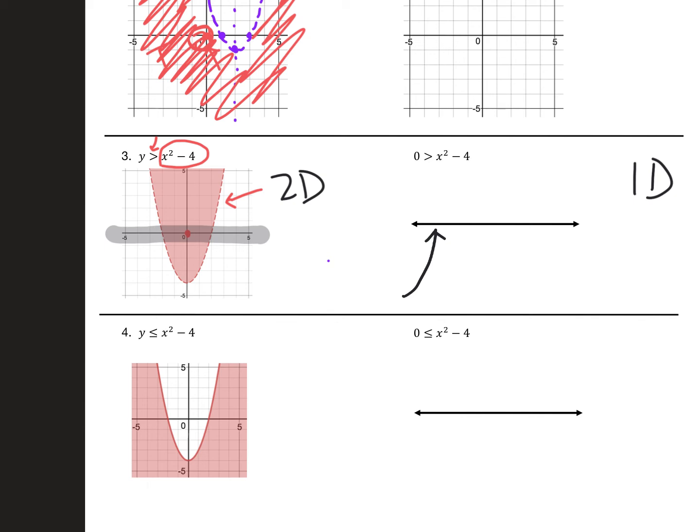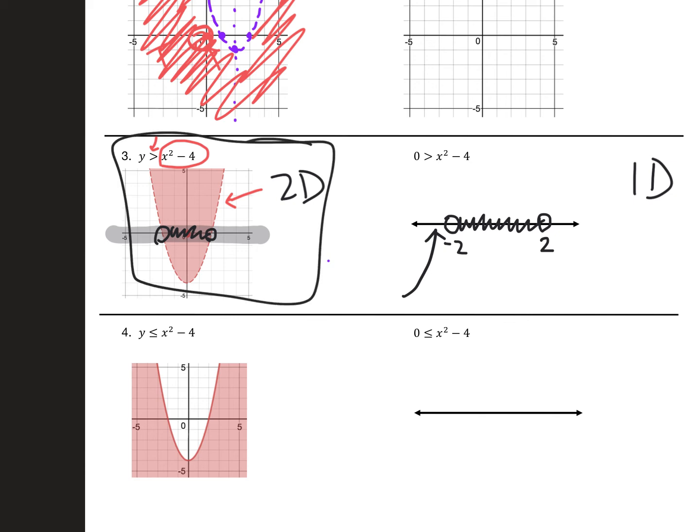Okay, so if you're just focusing all your attention on that axis, you can see that there's an open circle at -2 right here. There's an open circle at +2 right there. And there's shading in between. Okay, that's what this is asking you to do. It's taking your knowledge of a parabola and transposing it into your knowledge of a number line.